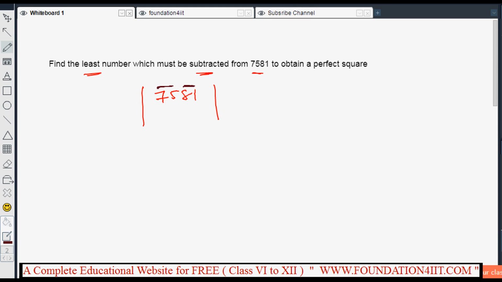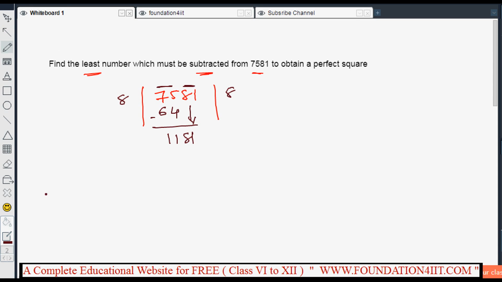Now 81 is one set, 75 is one period. 2 digits we should take from the right side. Now if you observe, 8 8s are 64, because 75 is near to 64, a perfect square. Subtract this, it's 11. Take the next pair, 81.